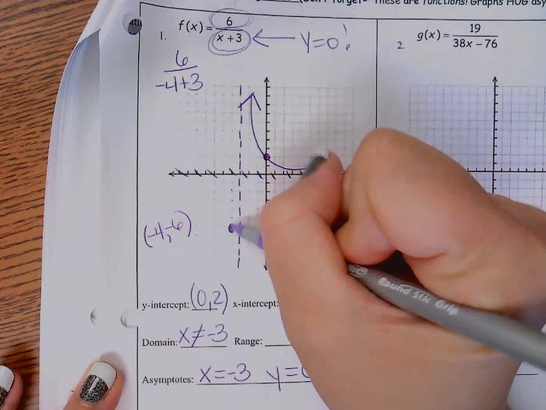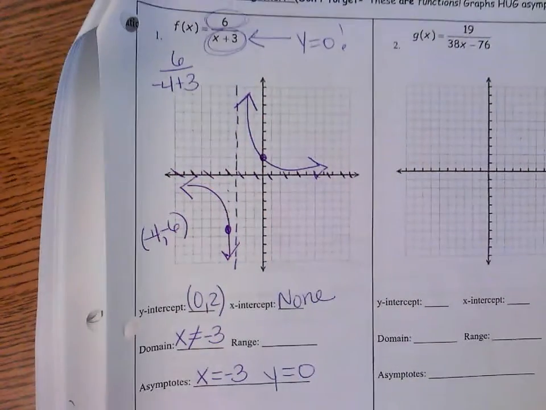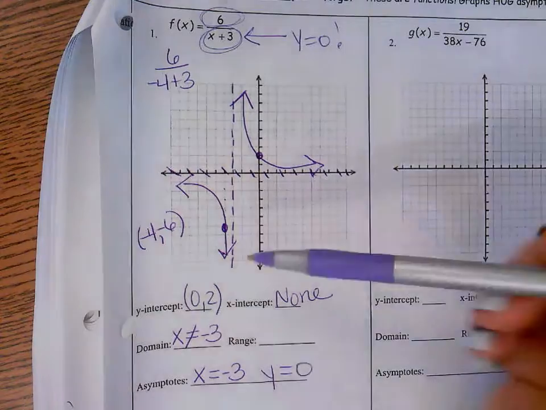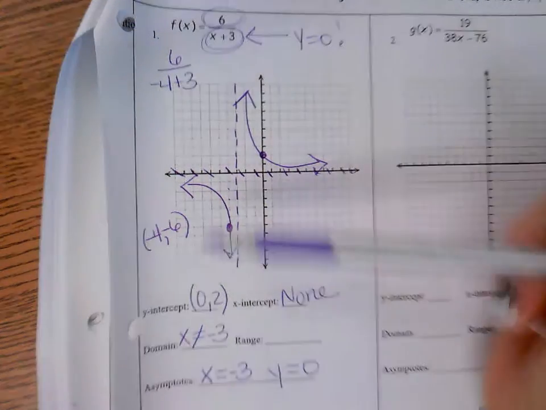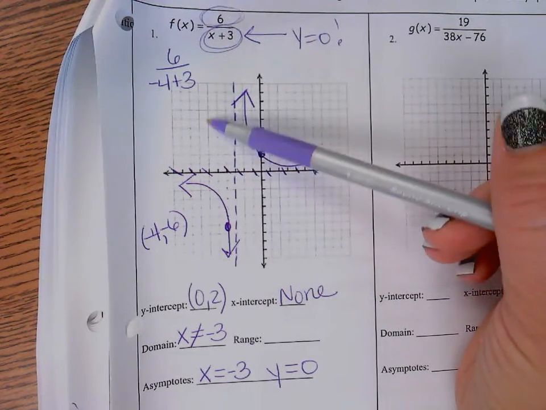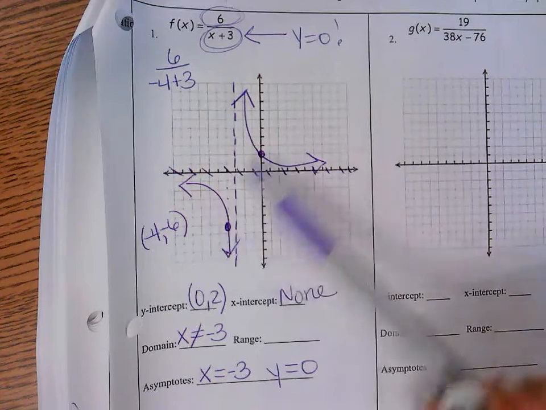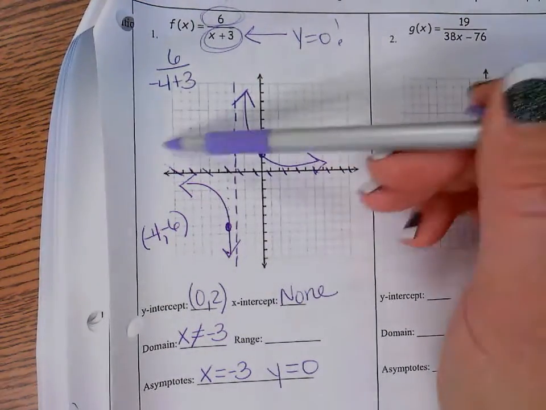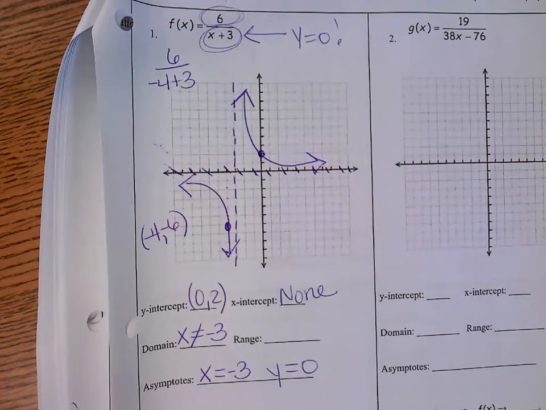So I know that the elbow goes through that bottom region of the graph. So all you need is one point, and then you can assume that the elbow hugs the asymptotes. But you have to find the point to know if it's going to be up here, because sometimes you'll have a volcano graph. Most of the time they're going to be opposite each other, but some of the time you really will have this volcano where you've got two going up. So you do need to actually check your coordinate.